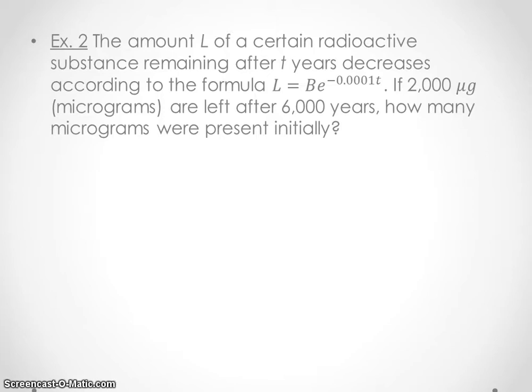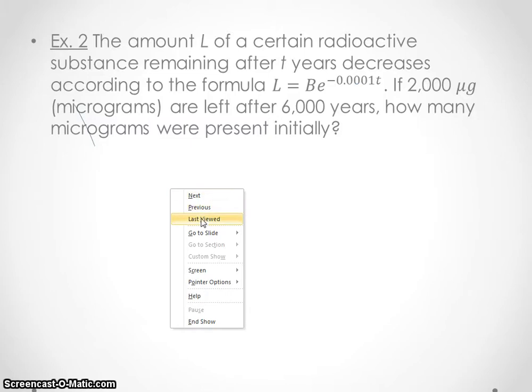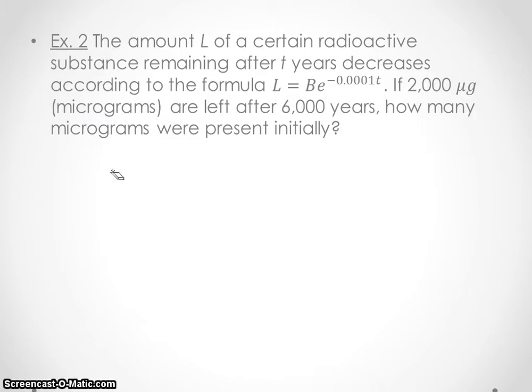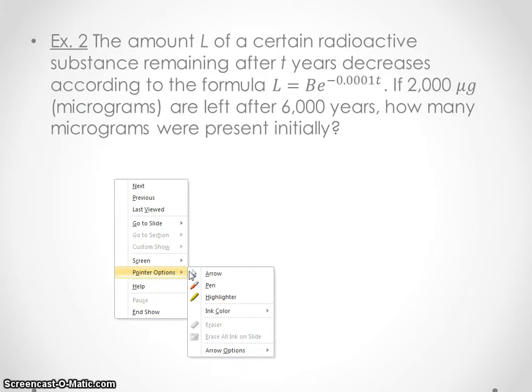Okay, so we have one last example here. It says the amount L of a certain radioactive substance remaining after T years decreases according to the formula L equals B to the negative 0.0001 T power. We have a different formula here, but that doesn't mean E is any different.